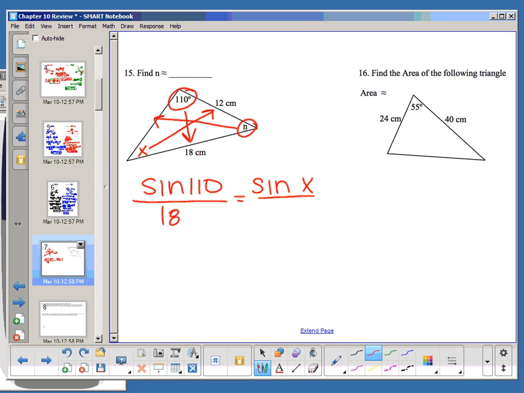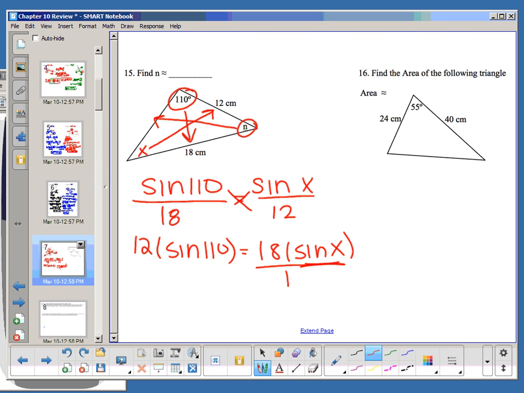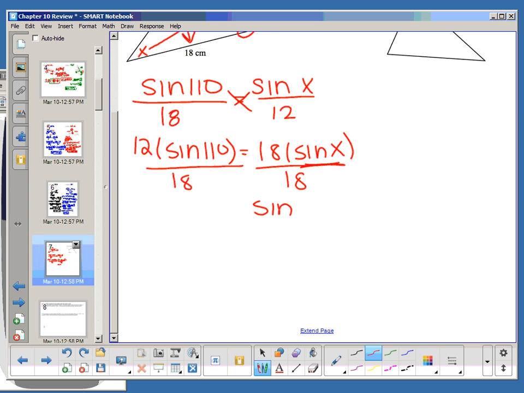So sine of x over 12. And now I have a nice proportion that I can solve. So I get 12 times sine of 110 equals 18 times the sine of x. And remember, when I'm solving for an angle, I'm trying to get that alone. So I'm going to go ahead and just write divide by 18, even though I haven't calculated that yet. So I'm left with sine of x equals whatever this is.